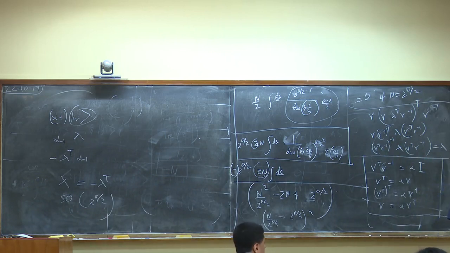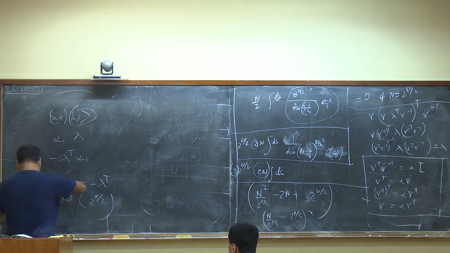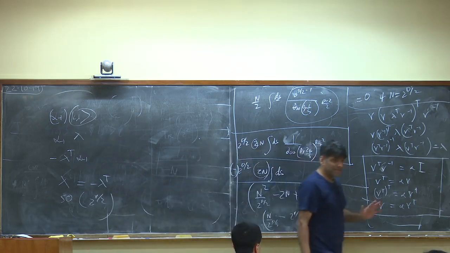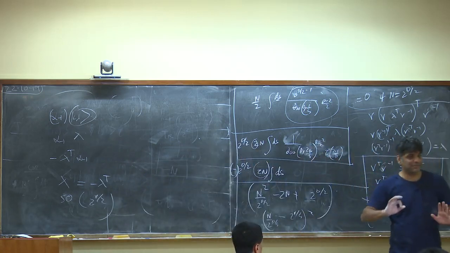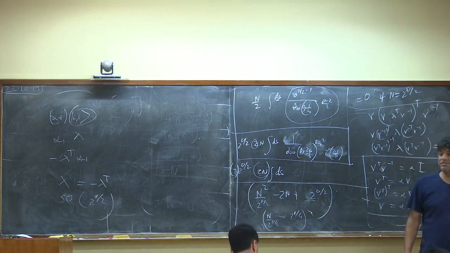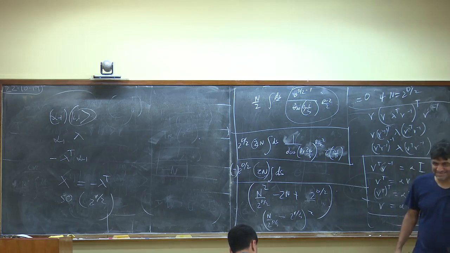Is this clear? So in type 1 theory, what we have is a theory of open strings interacting with closed strings, and the gauge group associated with the open strings is SO(32), because n is 2 to the power d by 2.